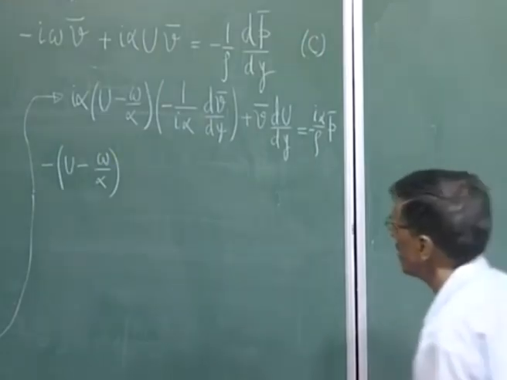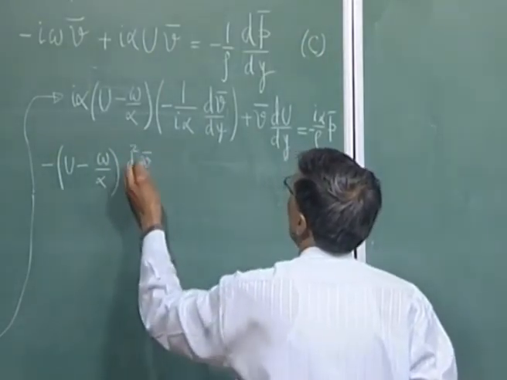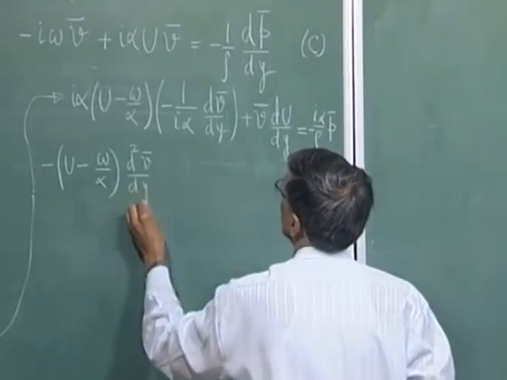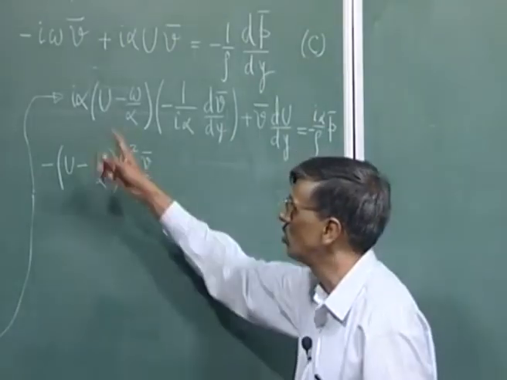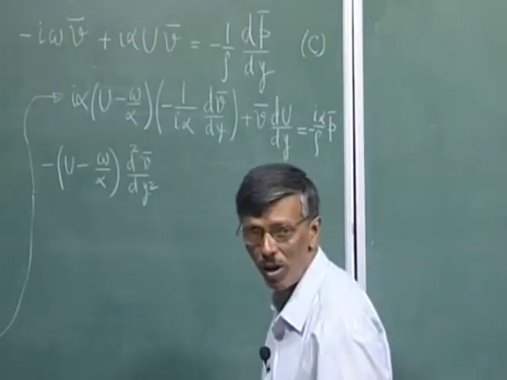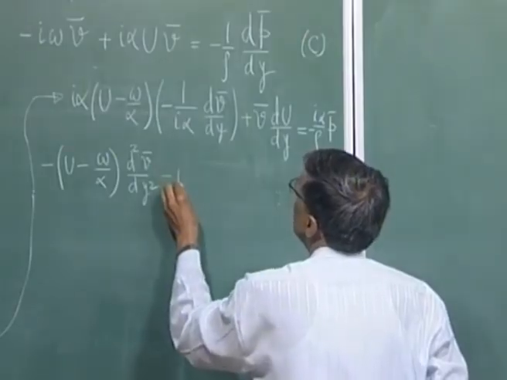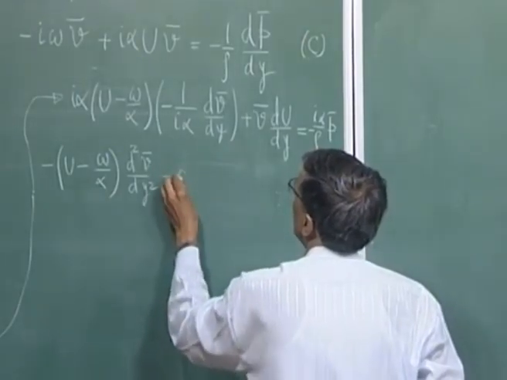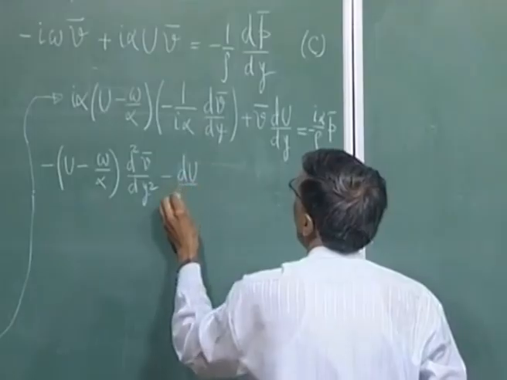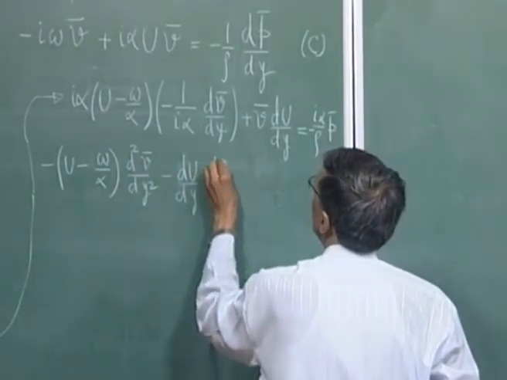So I will get d2 v bar dy square, but please note u is also a function of y, right? So I will also get another term, which will be du dy into dv bar dy.